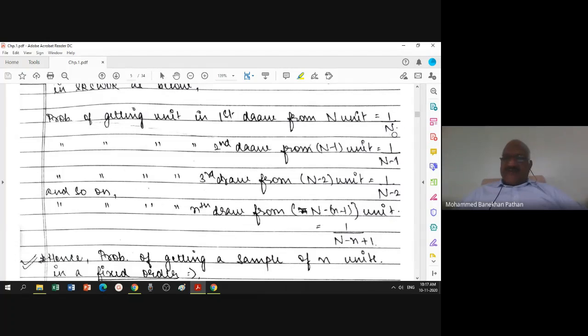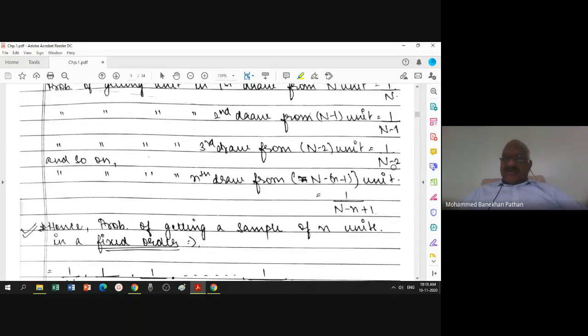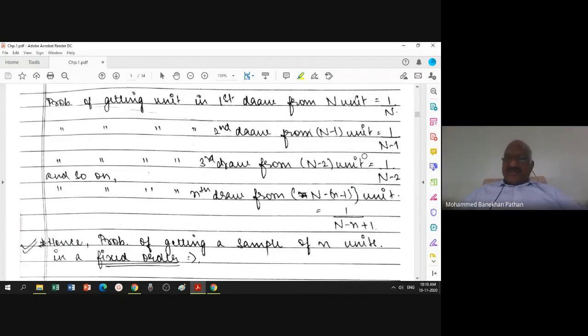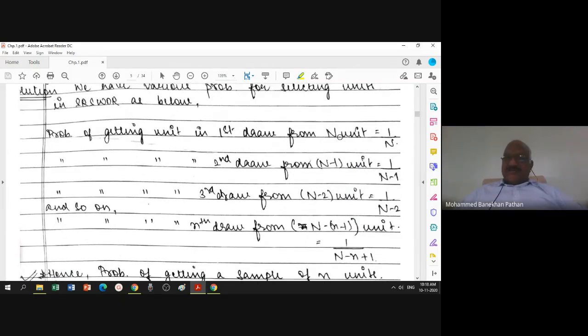What you select at first is not replaced back, so the second time there are N minus 1 units available, so the probability is 1 upon N minus 1. It continues like this. For the nth draw, the elements remaining are N minus (n minus 1), so the corresponding probability is 1 upon N minus n plus 1, as minus minus becomes plus. These are the probabilities of selecting a unit at various draws.